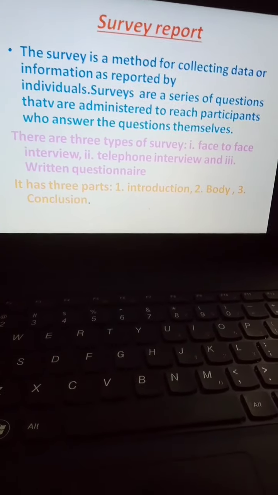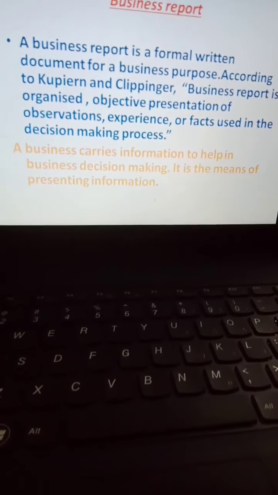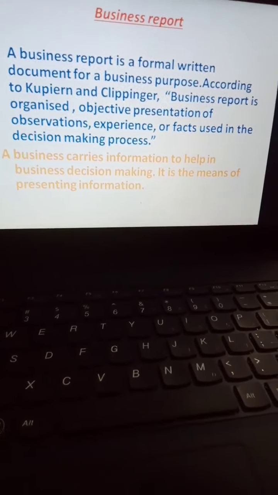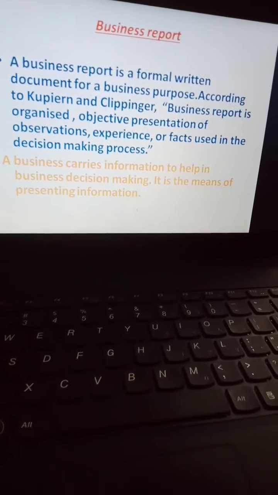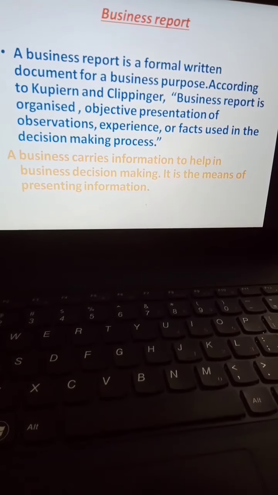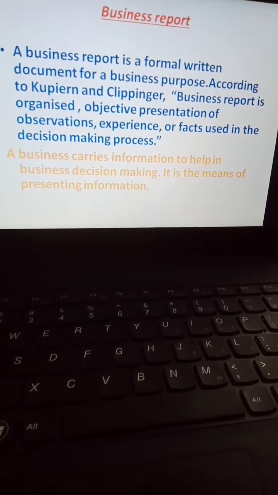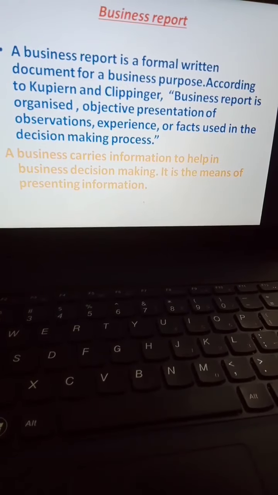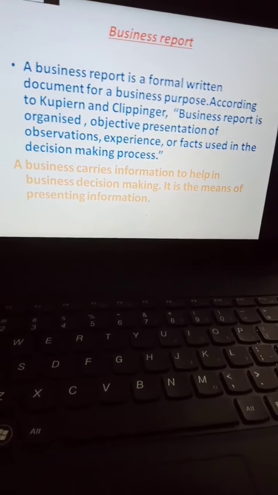Okay, so the next one is business report. So what is a business report? A business report is a formal written document for a business purpose. According to Koontz and Weihrich, a business report is an organized, objective presentation of observations, experience, or facts used in the decision-making process.